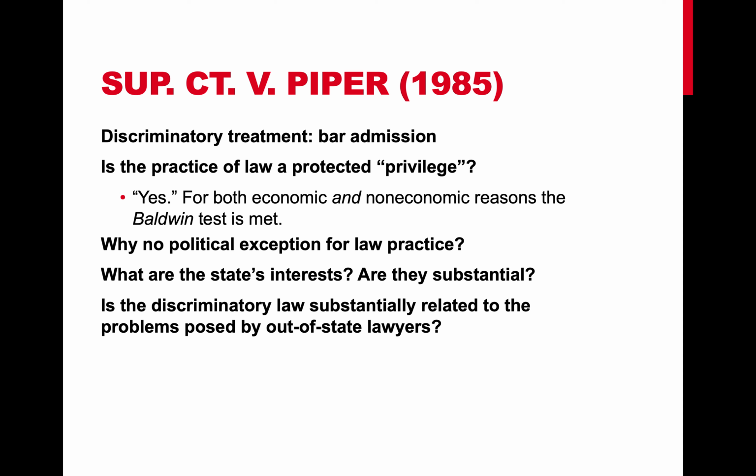Acknowledging that the state has an interest in making sure that its bar behaves ethically, the way that the state chose to enforce that requirement, that lawyers behave ethically, was to say no out-of-staters can be lawyers. Why is that both over and under inclusive? It's over inclusive because it's going to cover more ground than it needs to.